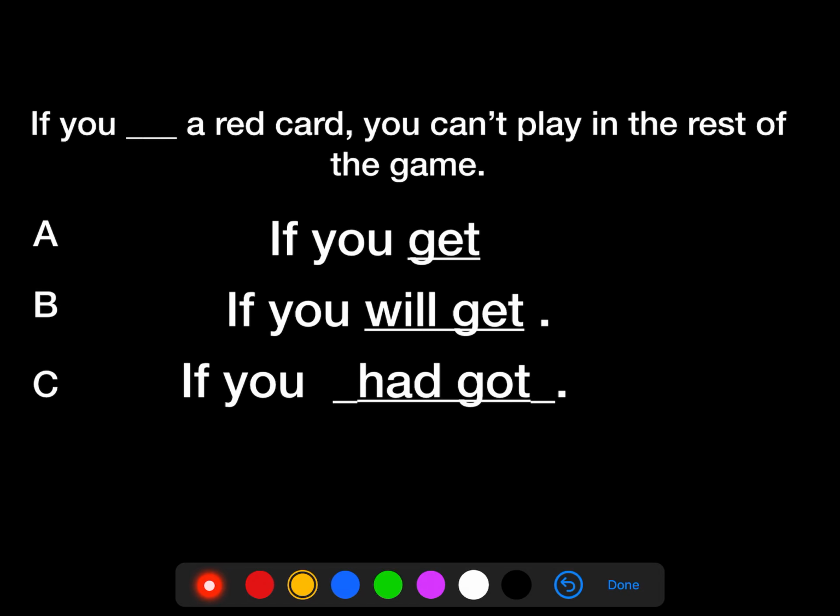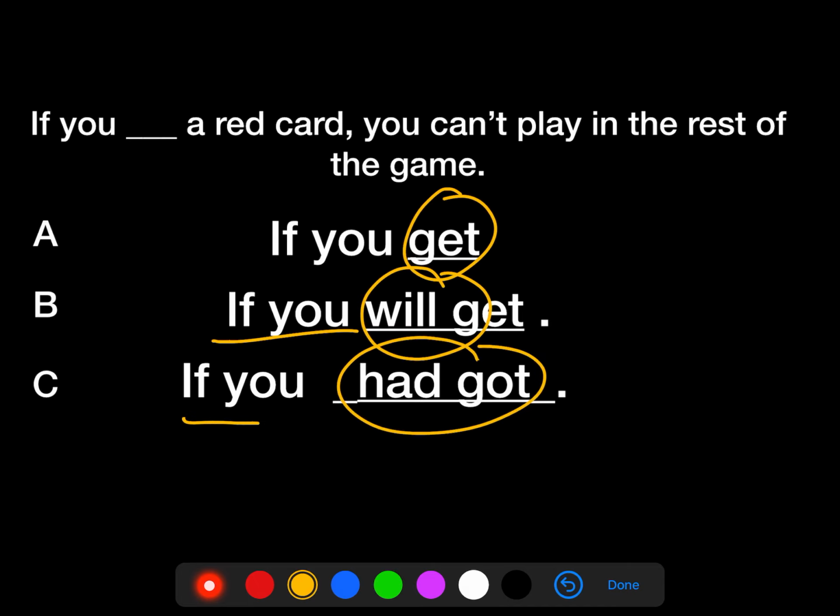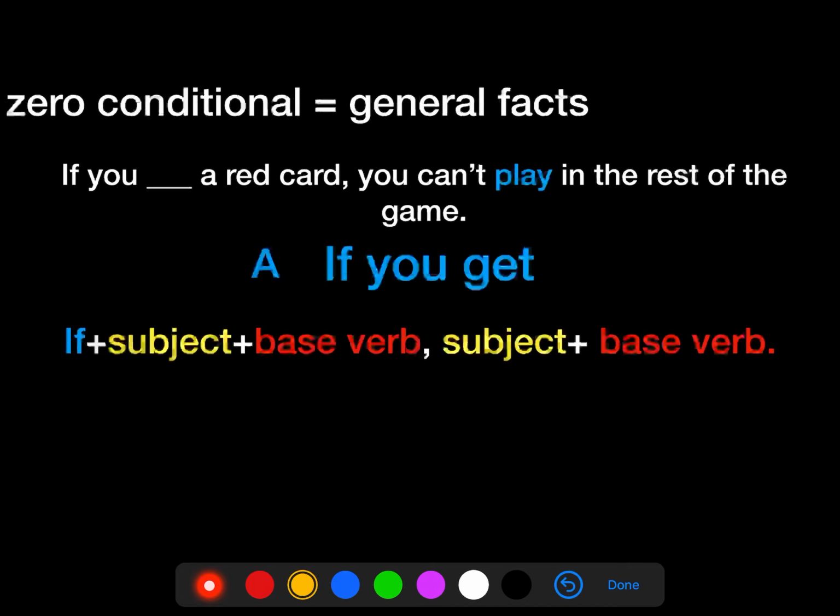So let's have a look at these answers. A, if you get. B, if you will get. C, if you had got. Which would be the correct answer? So the answer is A.